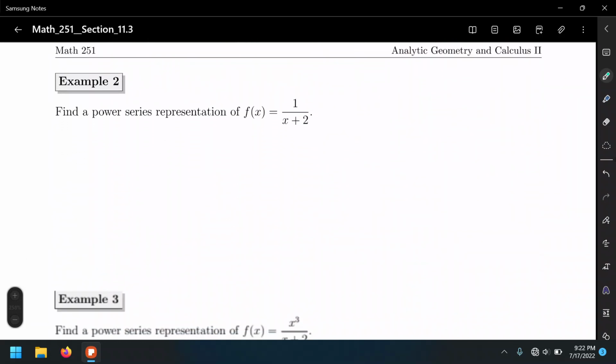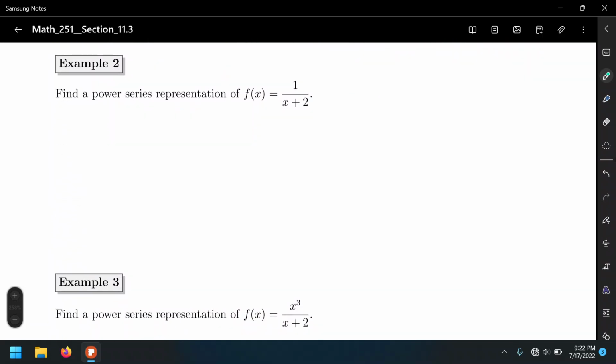For example number 2, find the power series representation of f of x equals 1 over x plus 2. Number 1, I would like to rewrite this in a different order. This is equal to 1 over 2 plus x. There is a little issue right here.